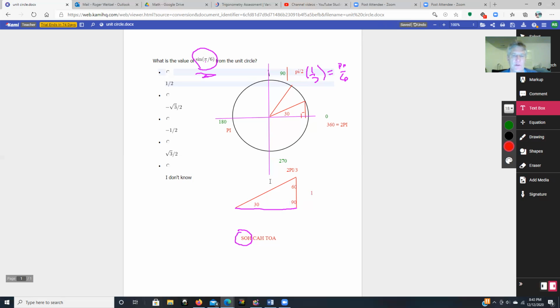The hypotenuse is going to be 2. And the adjacent side is going to be the square root of 3.